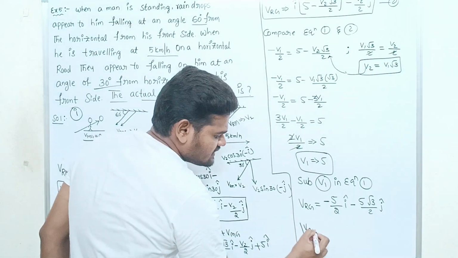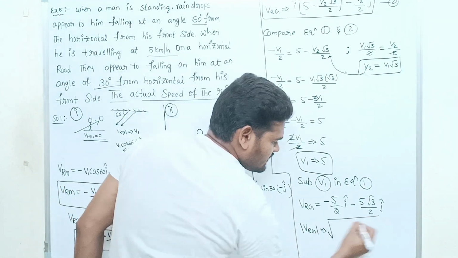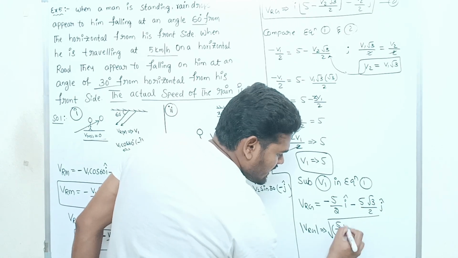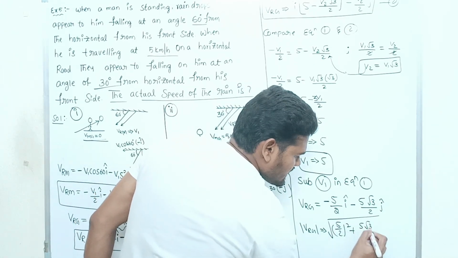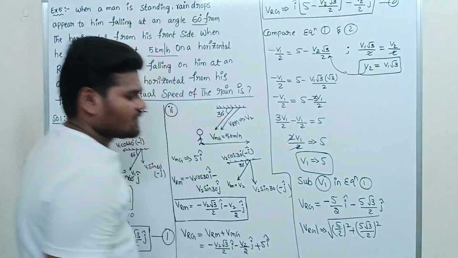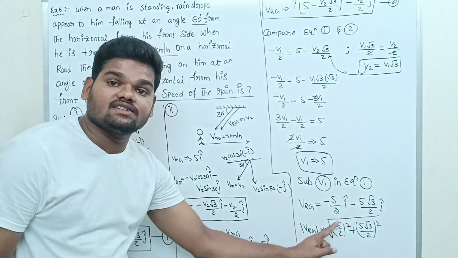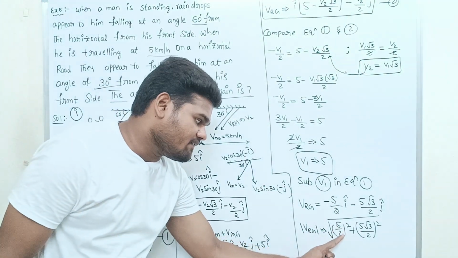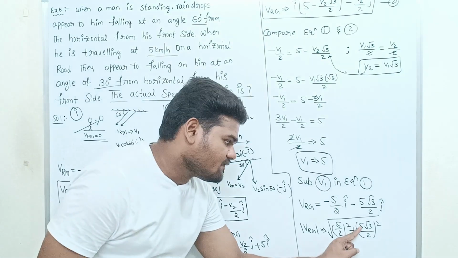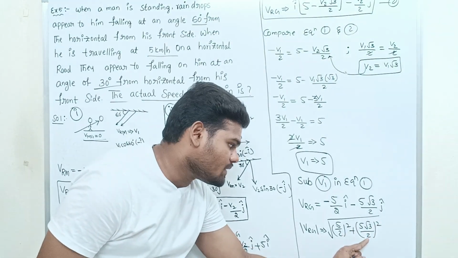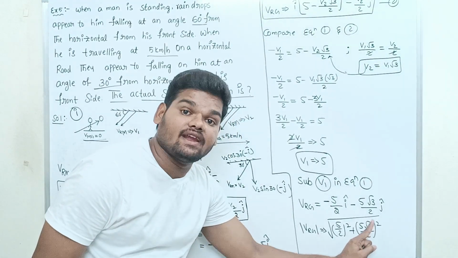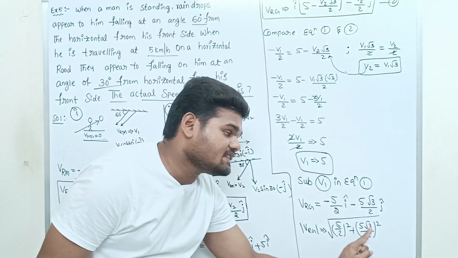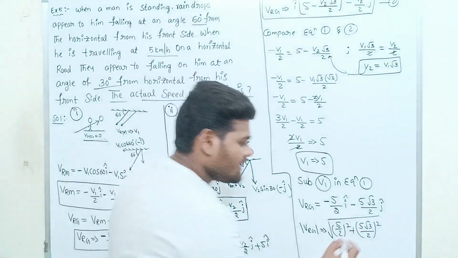So velocity of rain with respect to ground is equal to under root of (5 by 2) whole square plus (5 root 3 by 2) whole square. Okay, so 5 square, what is the value of 5 square? 25 divided by 4 plus 25 divided by 4 into root 3 whole square, it becomes 3. So 25 into 3 is 75 divided by 4.